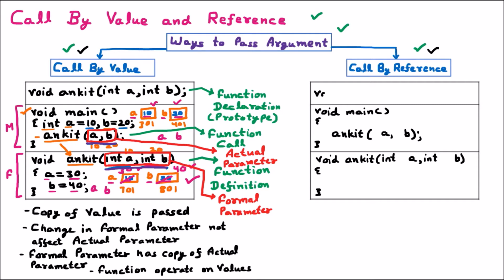So on the top, we are going to declare or provide the prototype. So here we are saying void Ankit, then afterward int A, int B. So here we can see that the bottom part is the function definition. And to call that, we are having the function call. And on the top, we are having the function declaration or prototype.